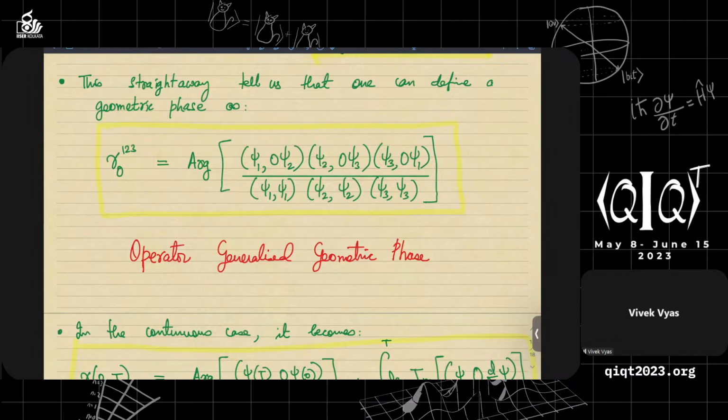And I have this geometric phase: psi 1 O acting on psi 2, psi 2 O acting on psi 3, psi 3 O acting on psi 1. And this is the operator generalized geometric phase that we proposed in January this year in our work. If O becomes identity, this geometric phase goes back to the well-known earlier one. But it need not. You can have other exciting situations where O is not identity.